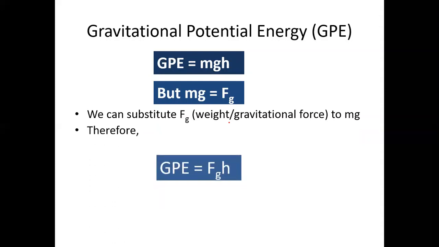Therefore, GPE is equivalent to Fg times height. So we have two equations for gravitational potential energy. The first equation is GPE equals mgh. And the second equation is GPE equals F sub g times h.